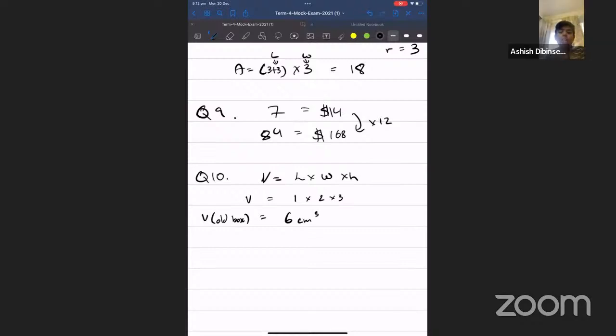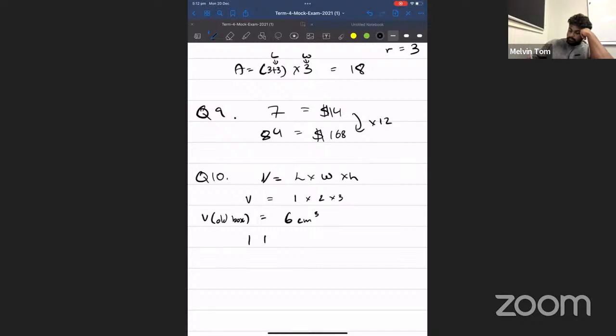Isn't the 1 times 2 times 3 simplified? Now the new box, each of the dimensions increase. So 1 increased by 100%. What's 1 increased by 100% of itself, which is 2.